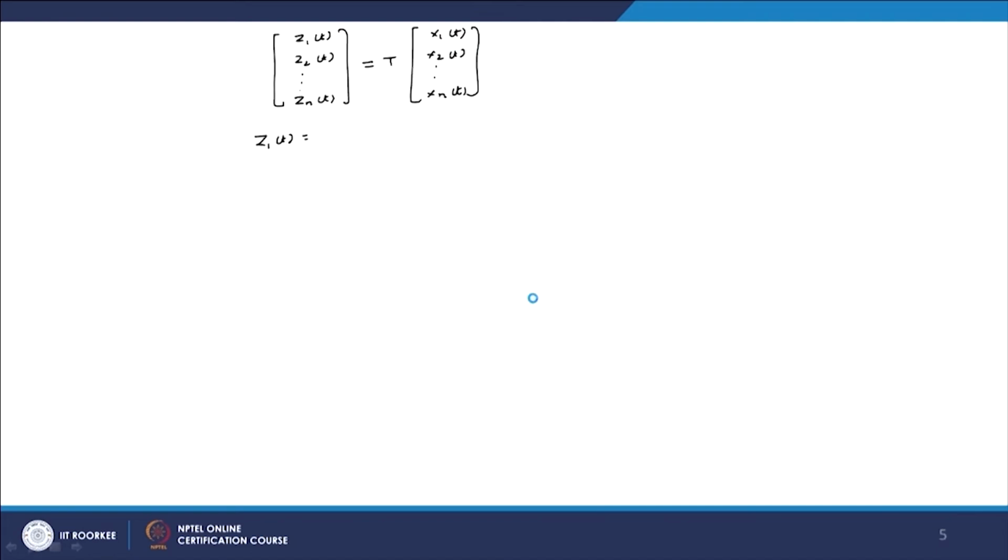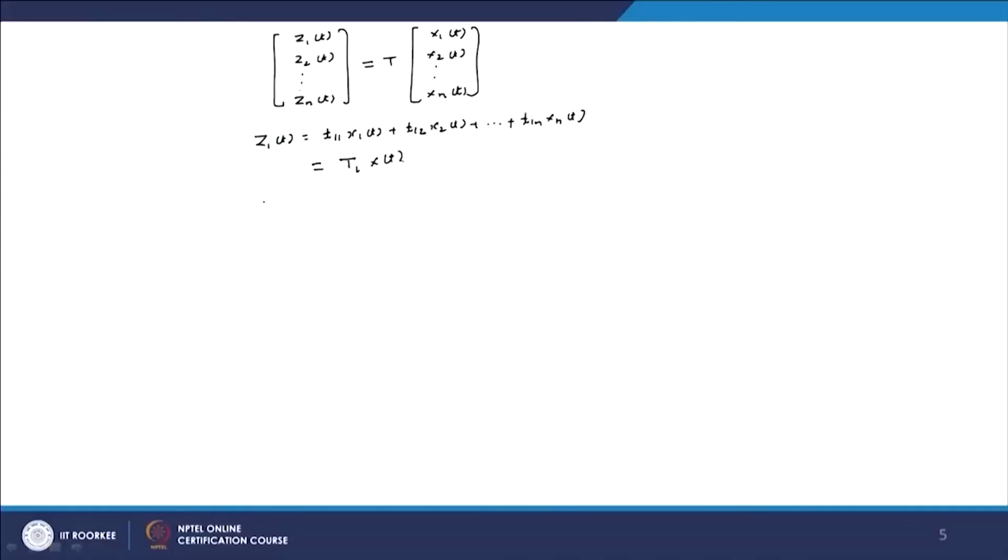So, it can be written as T11 into x1 of t plus T12 x2 of t plus T1n xn of t equal to T1 into x of t. Now, here we have written the first state, that is z1 of t equal to T1 into x of t.